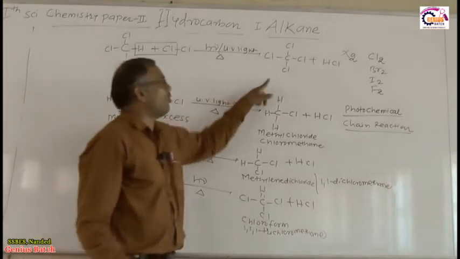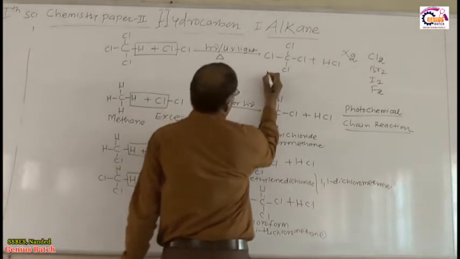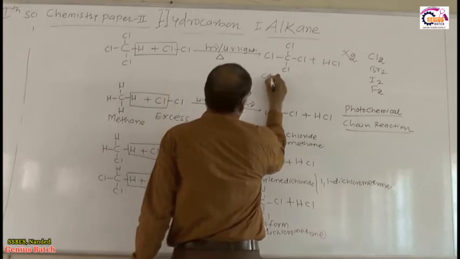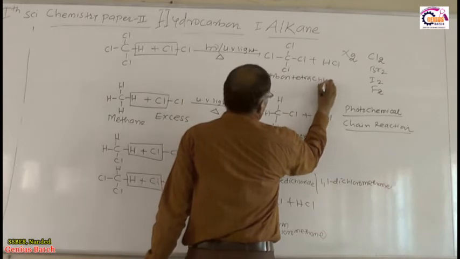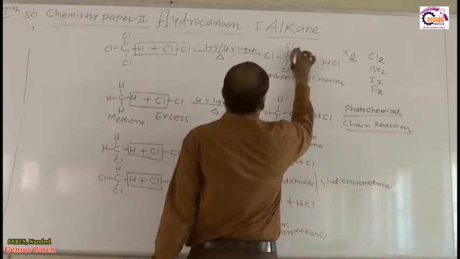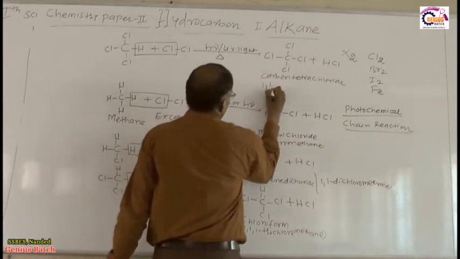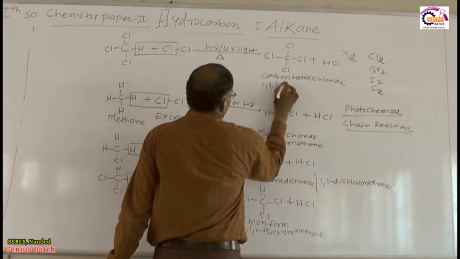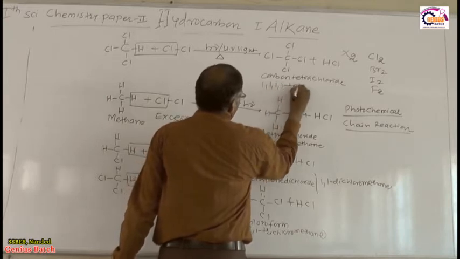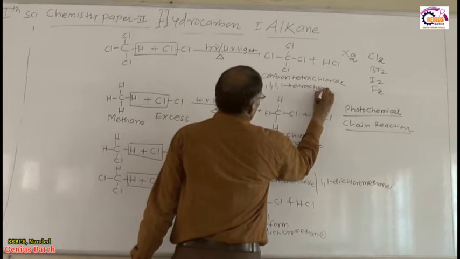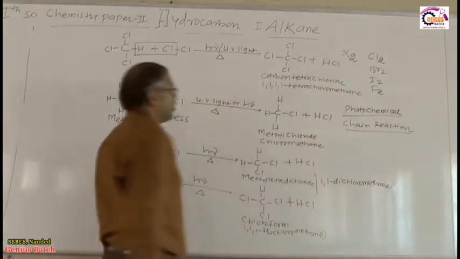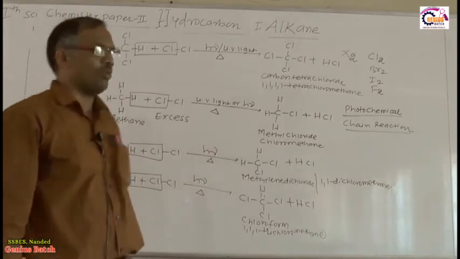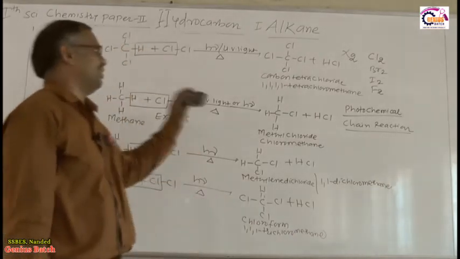Chloroform again reacts to form carbon tetrachloride. Okay, so 4 chlorine atoms are there, so 1,1,1,1-tetrachloromethane. This is the final product.